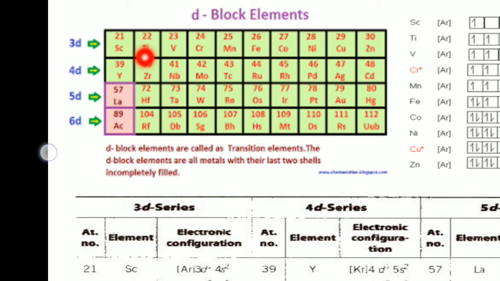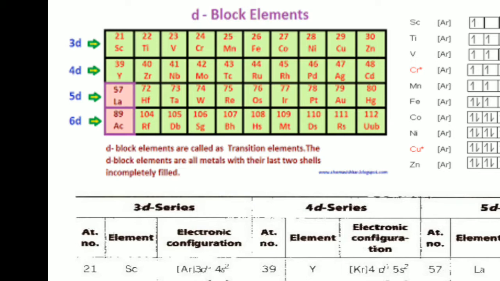It starts with lanthanum and ends with mercury, 80, which is also called the lanthanum series. Next is the 6d series, which is called the actinium series. So these are the different series of d block elements.